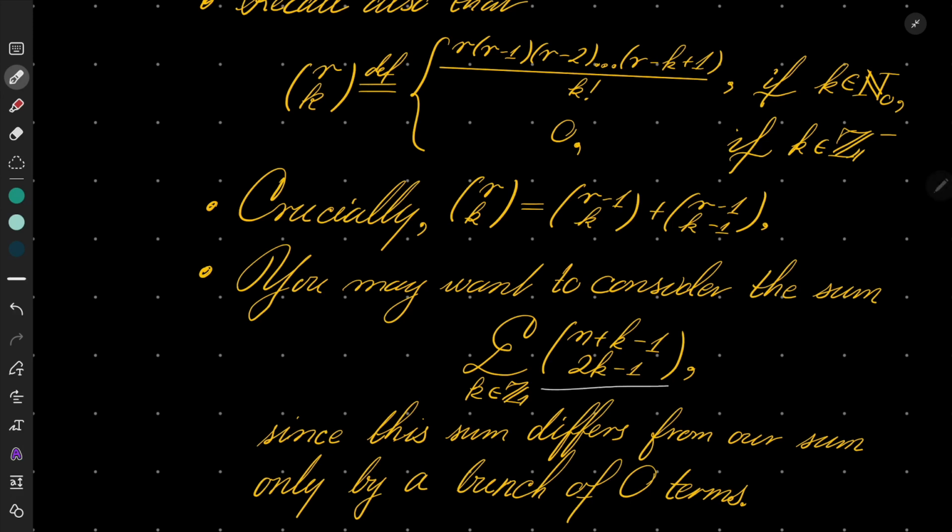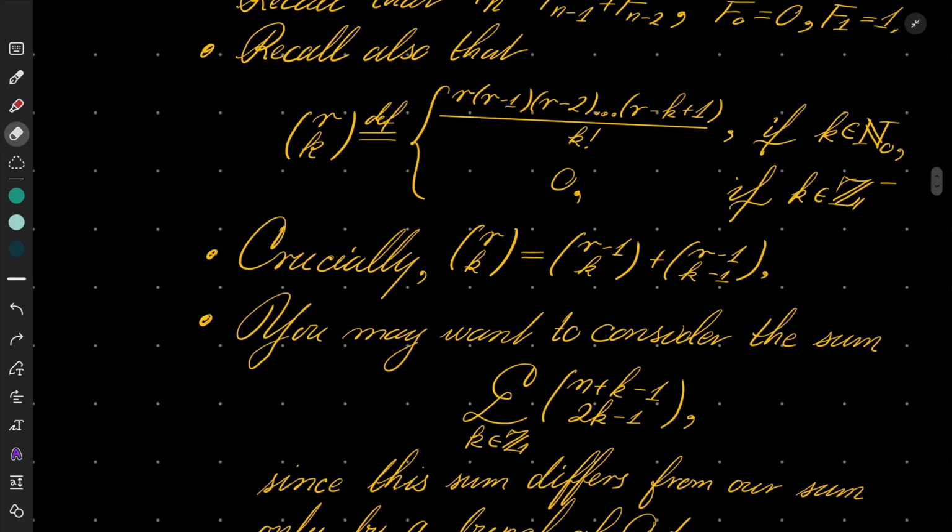And moreover, if k is too big, the upper part will be less than the lower part. They both will be positive integers, and so this also will be 0. So you may want to extend this sum in both directions, to minus and to plus infinity. So give this problem a try, and I will see you in a minute.